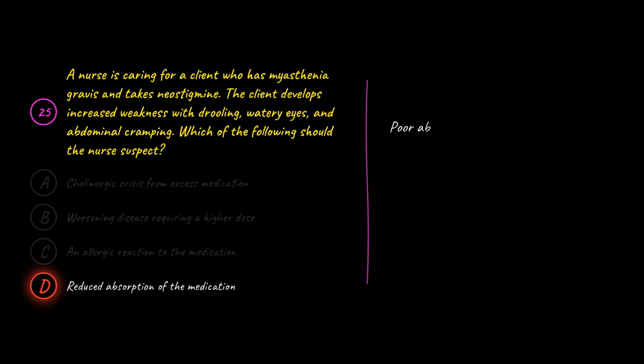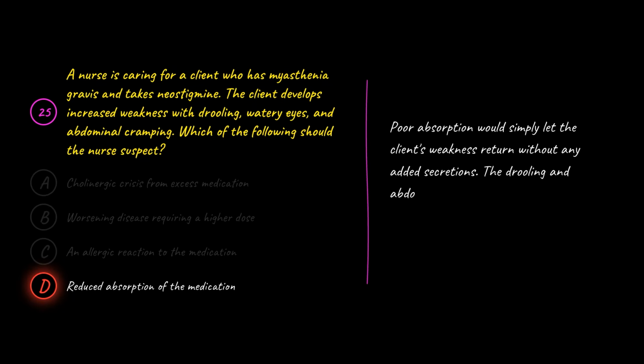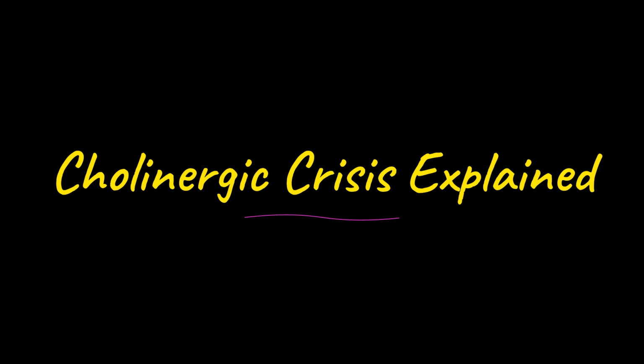D is wrong because poor absorption would simply let the client's weakness return without any added secretions. The drooling and abdominal cramping show that the drug is very much active in the body, not failing to reach the system. Myasthenia gravis weakens muscles because the immune system destroys acetylcholine receptors at the neuromuscular junction.